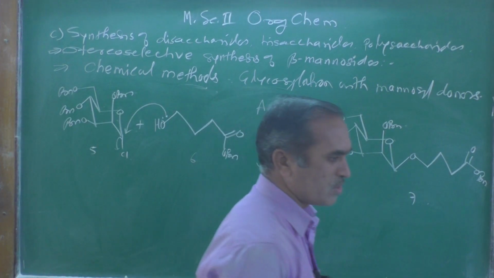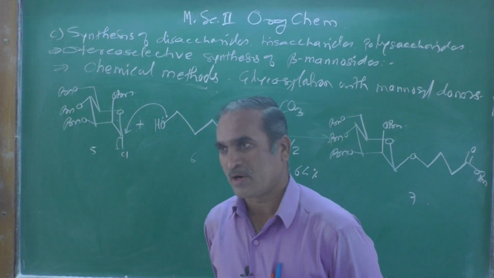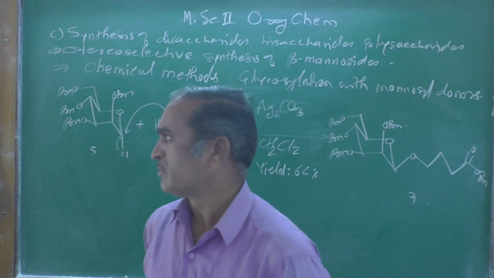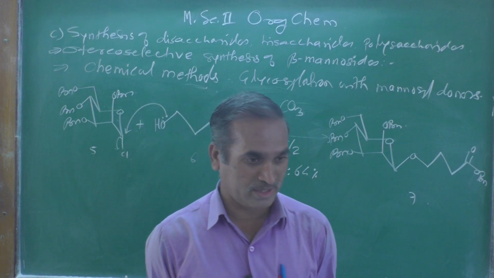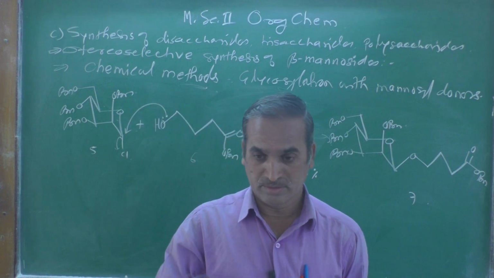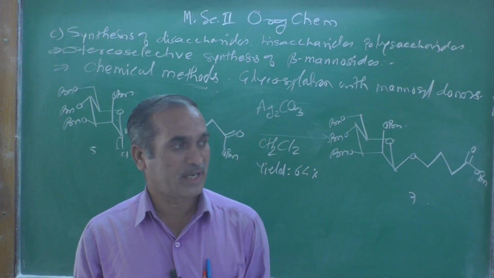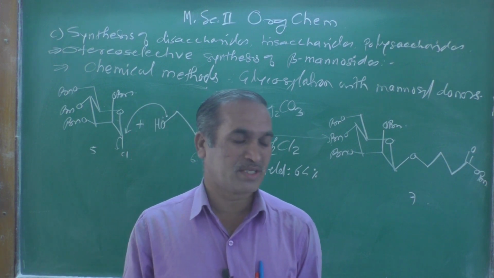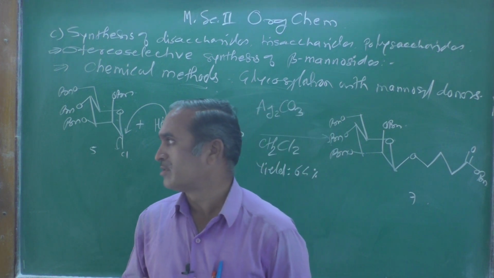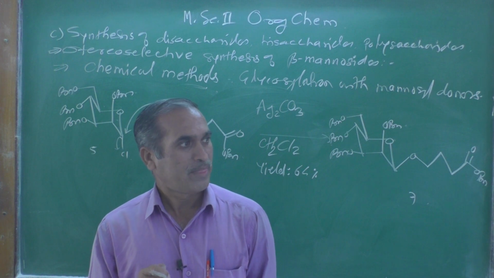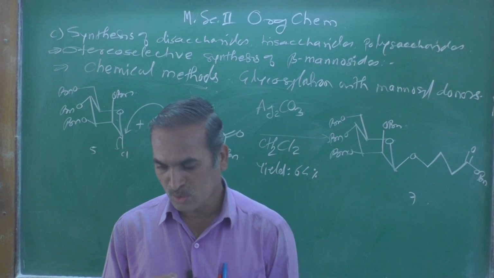There are some common protecting groups used in carbohydrate chemistry. One is the benzyl group, PhCH2O minus, introduced under sodium hydride as a base in presence of benzyl bromide or benzyl chloride, and removed under palladium charcoal.